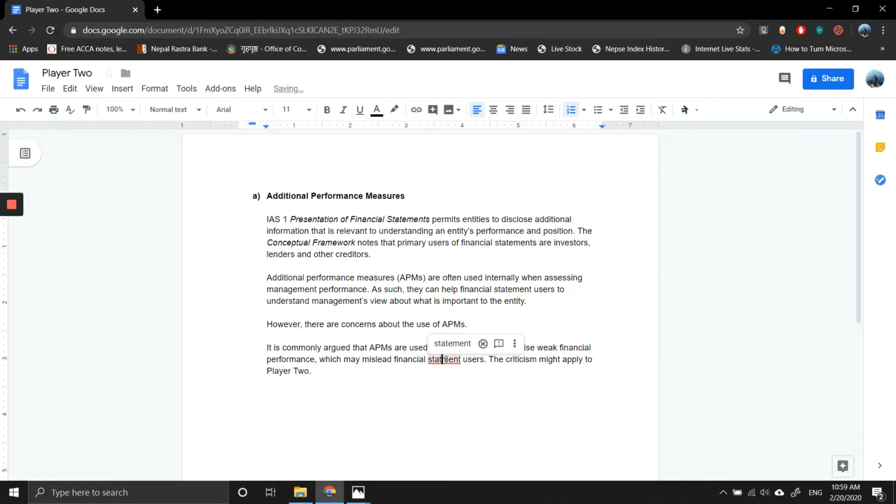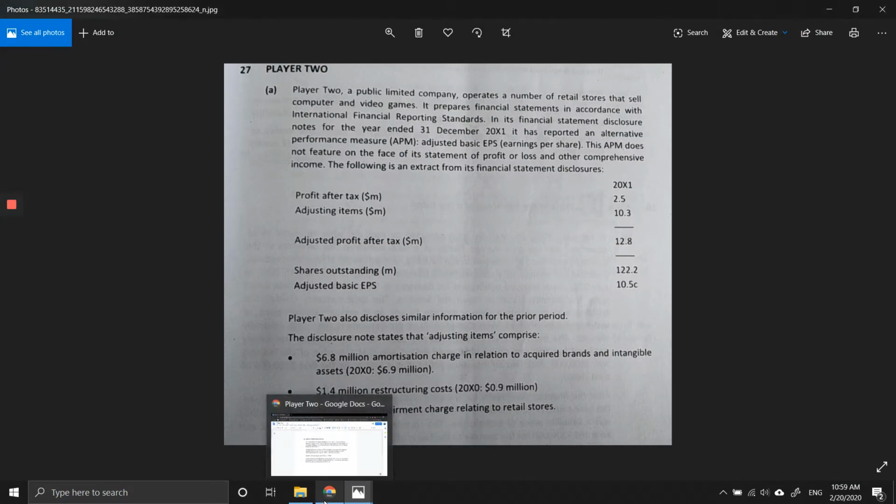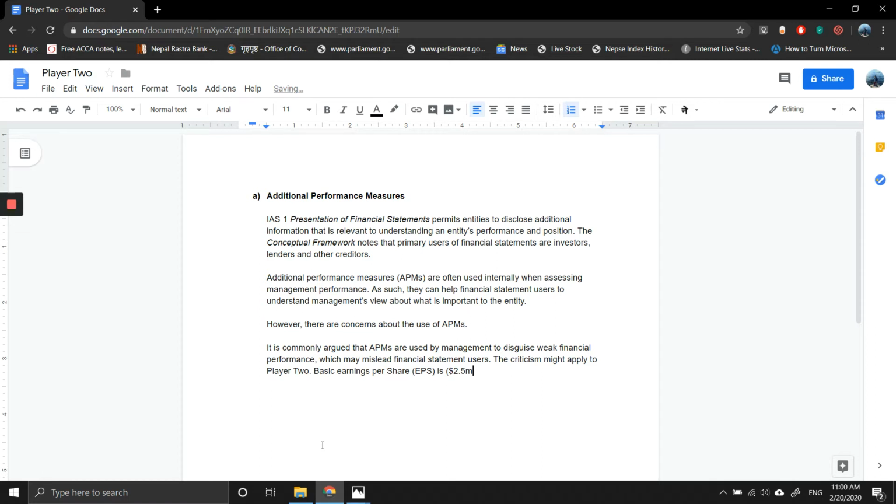Why is that? It is because basic earnings per share, EPS, is how much? What's the profit? 2.5 million divided by 122.2 million shares.